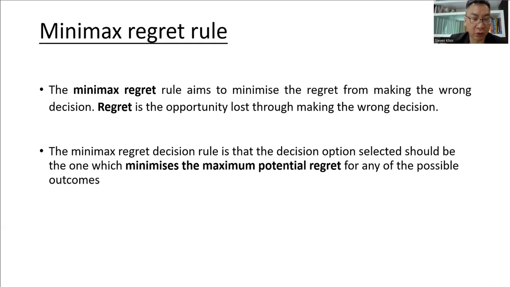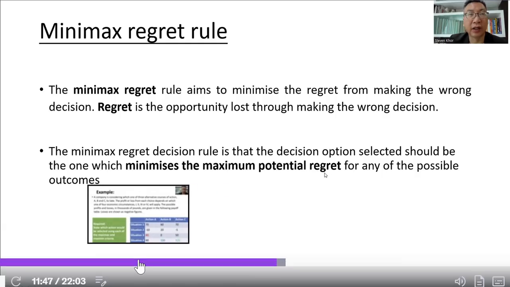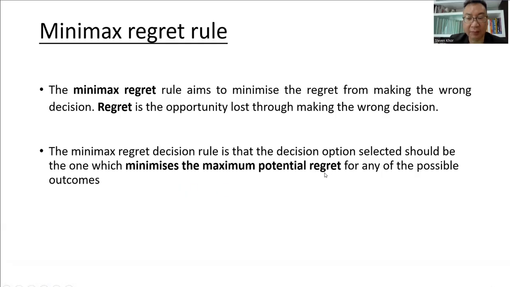When you want to make a decision based on this minimax regret rule, what you want to do is minimize the maximum potential regret for any possible outcome. For example, let's say your friend invites you to go on a tour, and there are 3 different places.